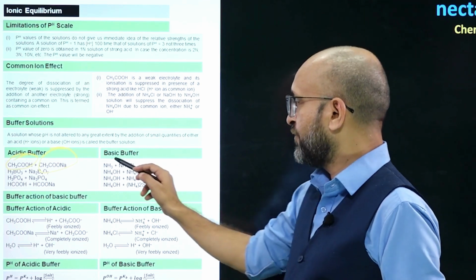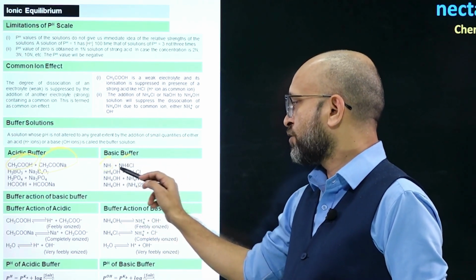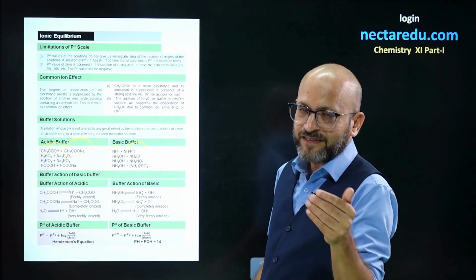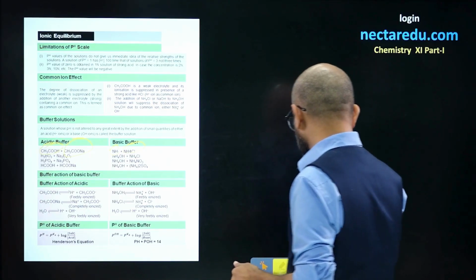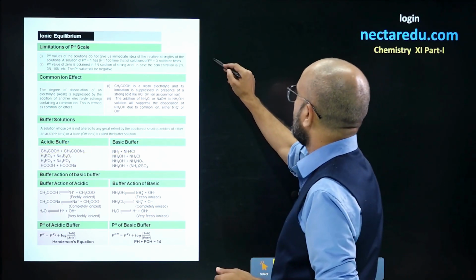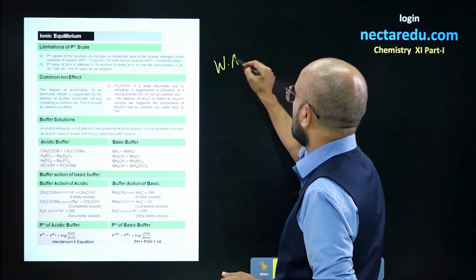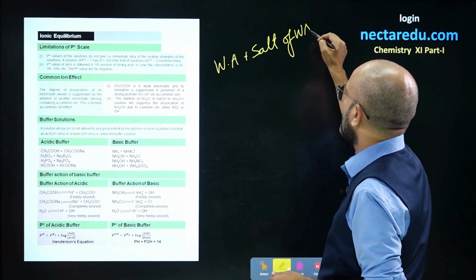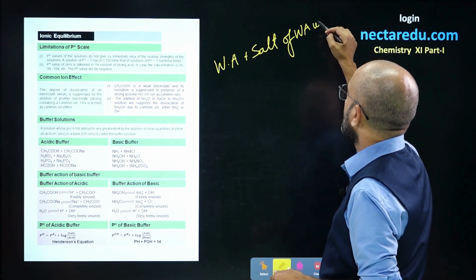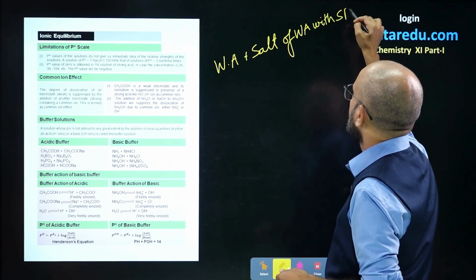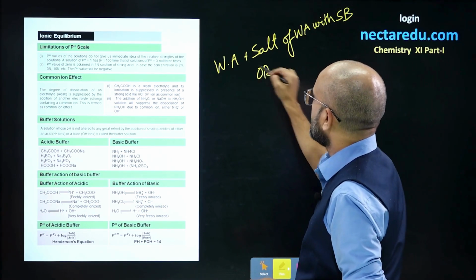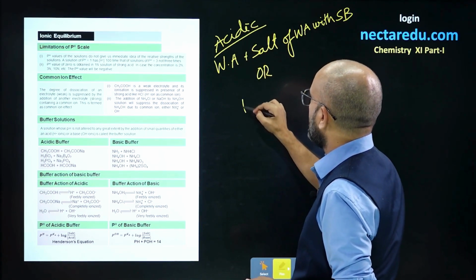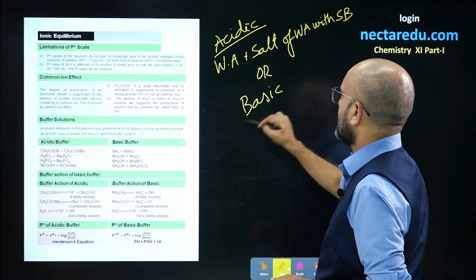Same way, if you take a weak base and its solution with the salt of the weak base and a strong acid. So either you take weak acid plus salt of weak acid with strong base, this is acidic buffer, and what you get otherwise is basic buffer.